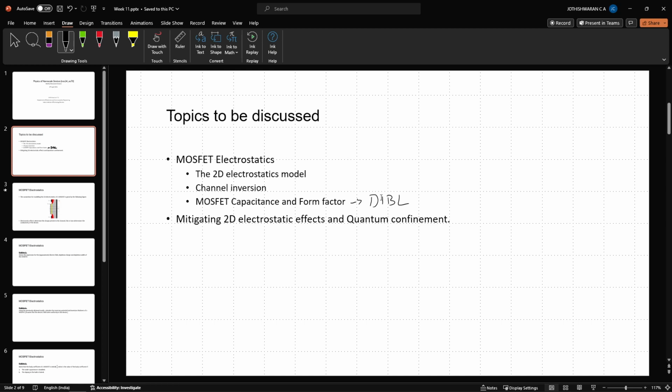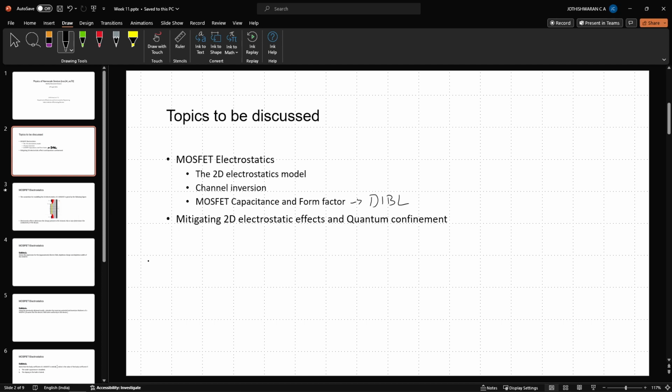What we shall be seeing here are the electrostatic effects that are present in a MOSFET, and how these things make the behavior of the device deviate from our expected ideal behavior, and what can be done to reinforce said ideality.